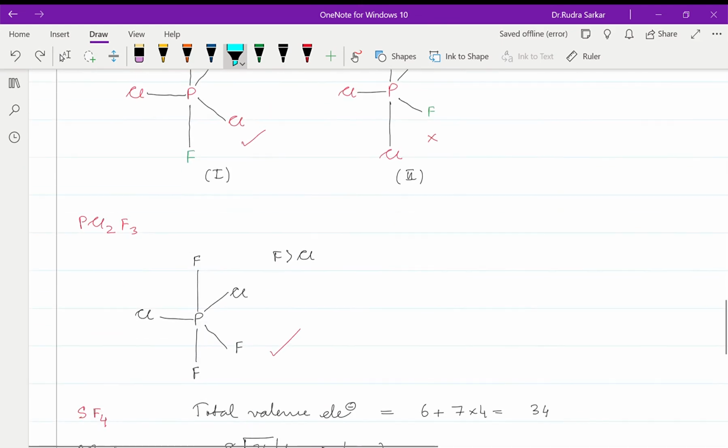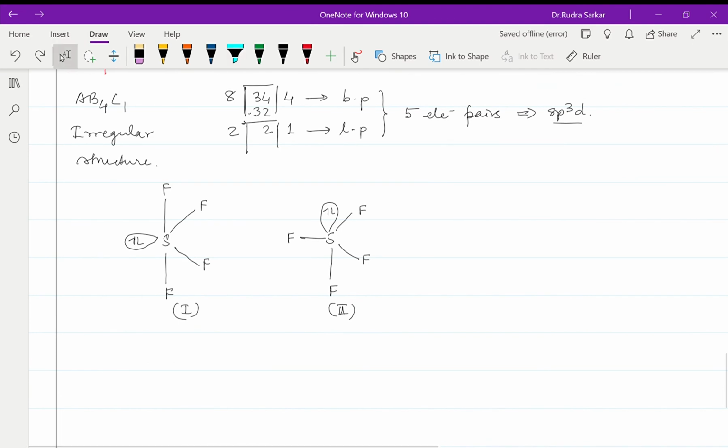That being the case, the structure which has the lone pair in the equatorial bond is obviously structure 1. So this will be our correct structure, and this will be our incorrect structure. That is how we have to use Bent's rule to understand which structure is the correct one.